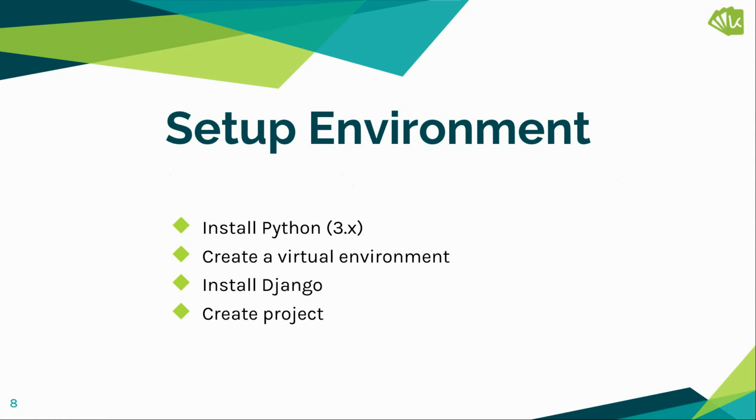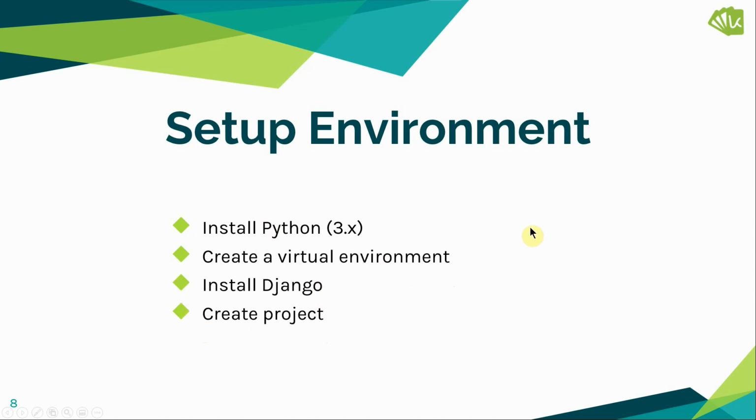That's the one with which Django 3 works. Then we will create a virtual environment. I'll try and explain why we need a virtual environment and why we can't run with the Python libraries directly. Once the setup of the environment is complete, we will install Django and then create a project.